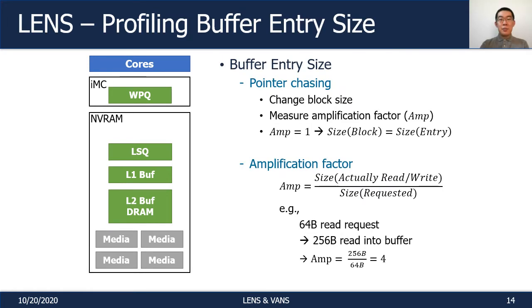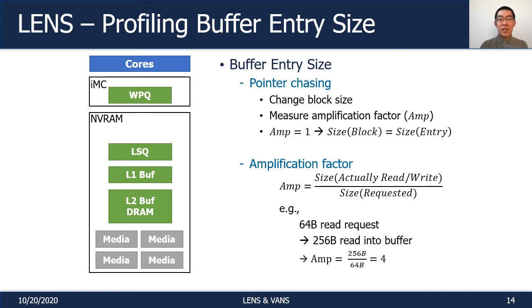Now we already know the buffer sizes, but some buffers may not use the 64-byte entry size. To detect the buffer entry sizes, we still use the pointer chasing test, but in a different way. This time we change the pointer chasing block size and measure the amplification factor in each buffer.